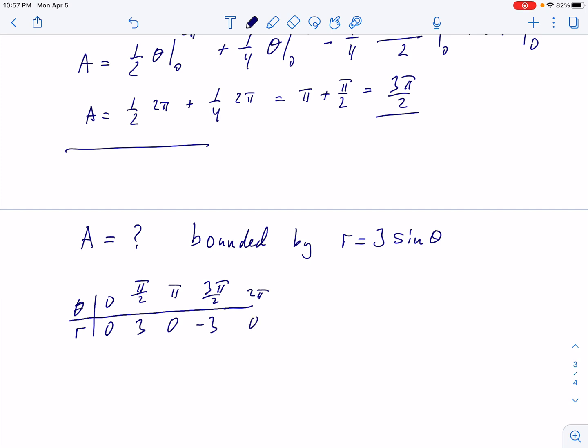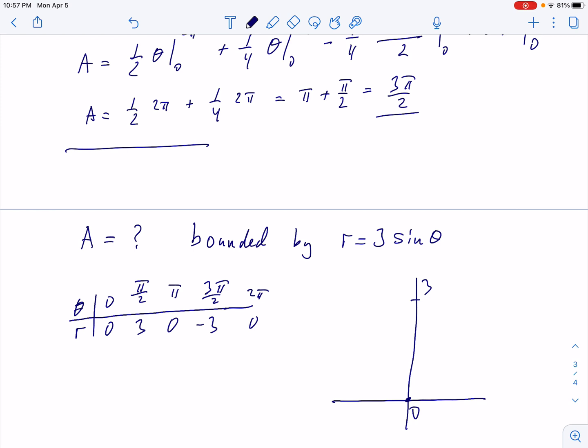How does this look like? Here we have a picture. This is 0. When theta is 0, radius is 0, so starting from 0, 0. And then angle grows to pi over 2, radius grows to 3. Let's say this is 3 here.